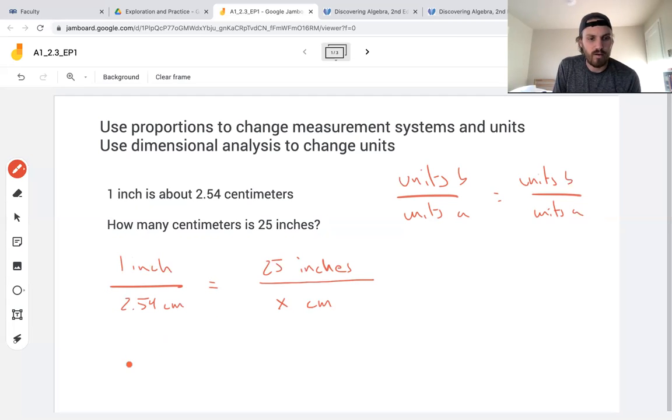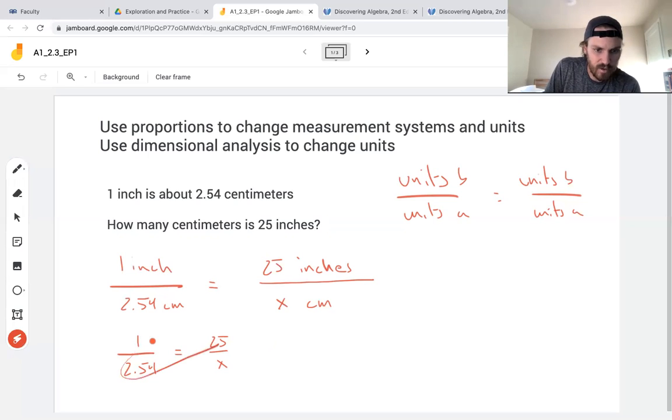So maybe 1 over 2.54 is equal to 25 over x. So I'm just dropping the units to declutter a little bit after I've made sure my proportion is set up correctly. And then I might suggest, again, using that cross products property. And sure enough, you will end up with x times 1 is equal to 25 times 2.54.